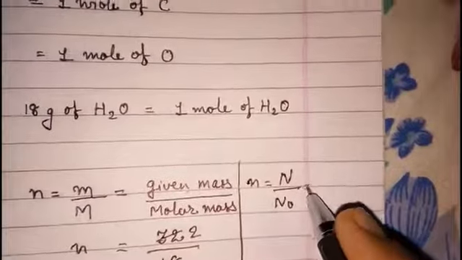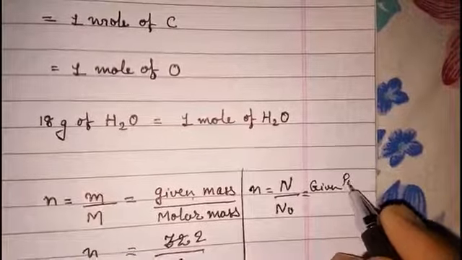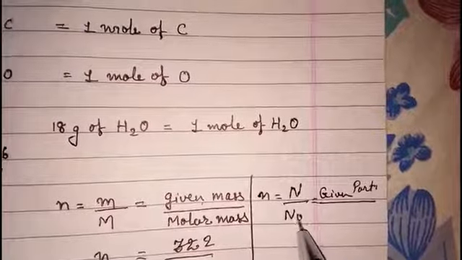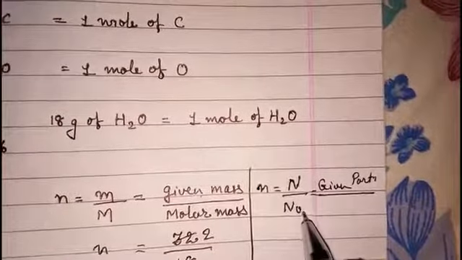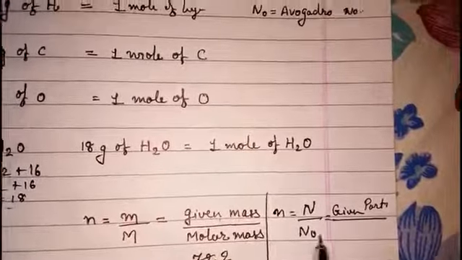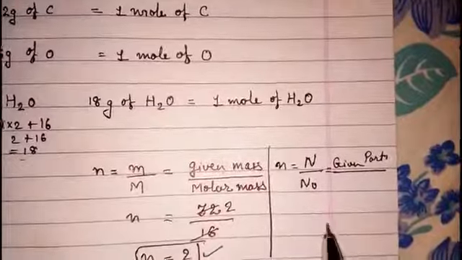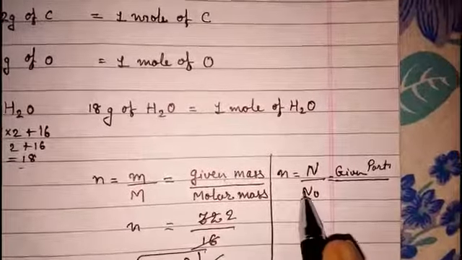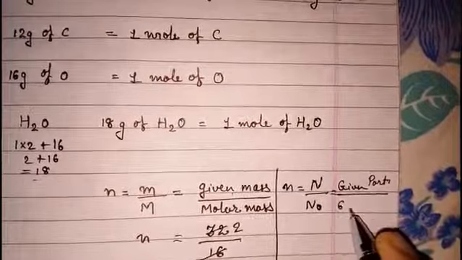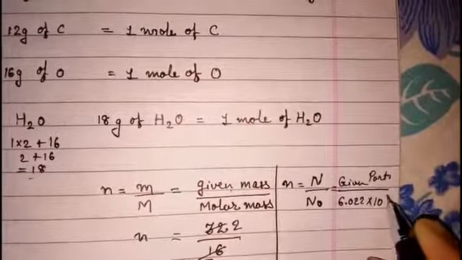Capital N means given number of particles, upon N0, which means Avogadro number. This group of atoms was introduced by Avogadro, so this number is called the Avogadro number. It is called N0, and it is always 6.022 into 10 raised to 23.